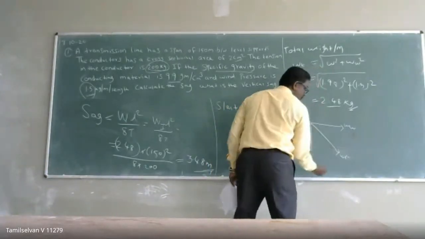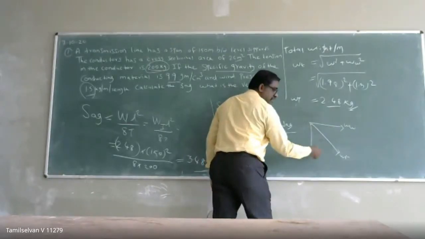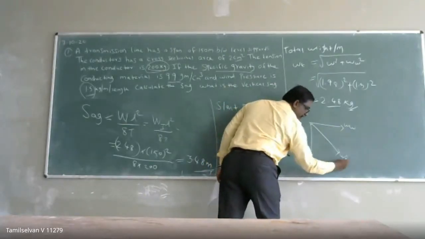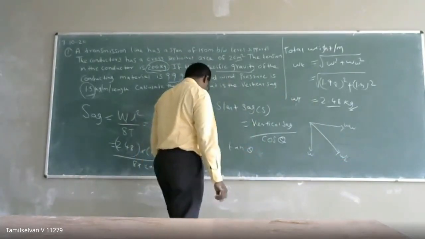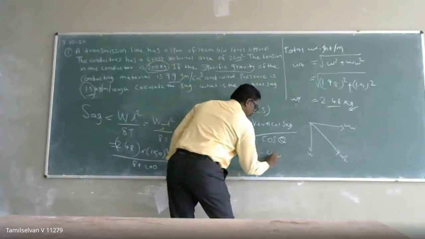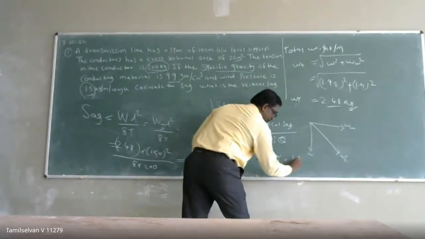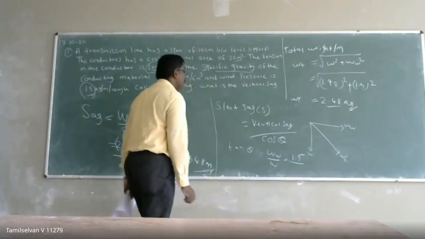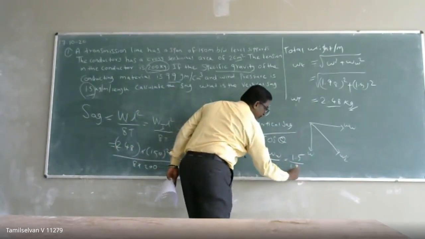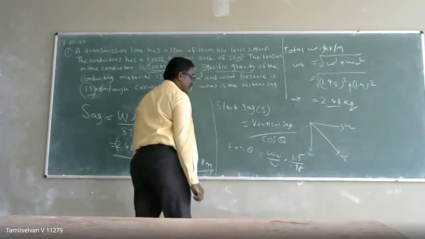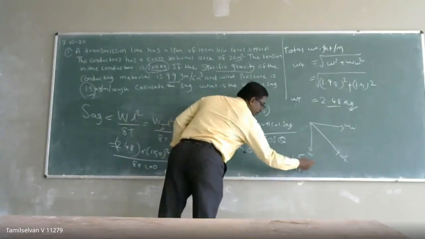Pressure. So the pressure is going to be 1.5. So 1.8. This value is here 0.7.